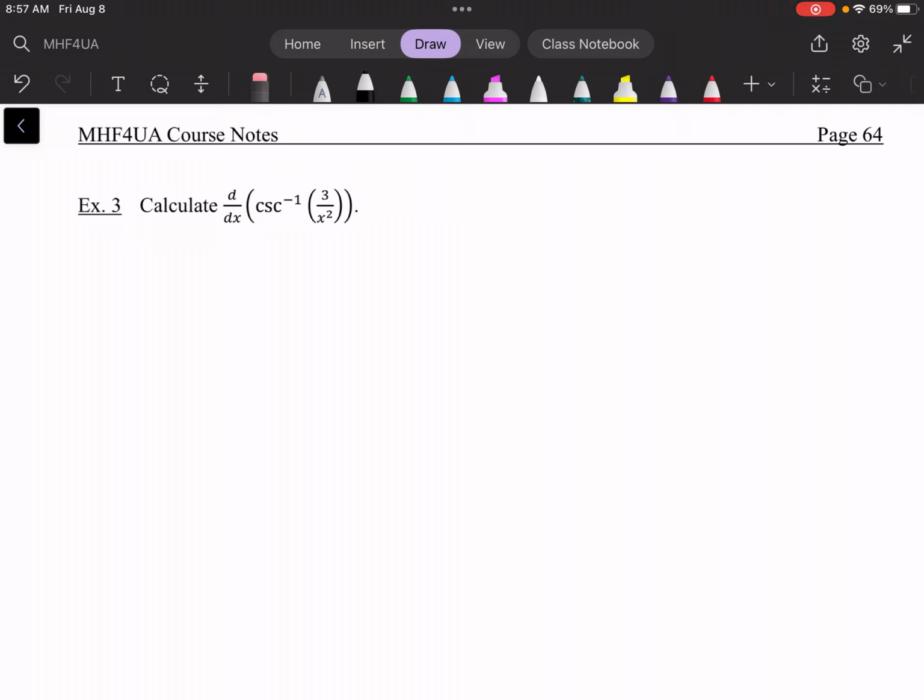Now the derivative here can be fun to figure out, but cosecant inverse can also be difficult to figure out. So what we're going to do is change the d over dx right here of cosecant inverse of 3 over x squared.